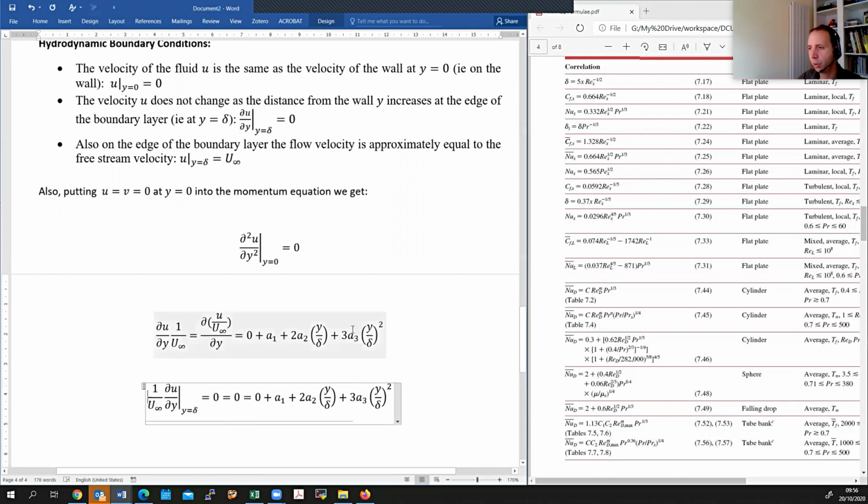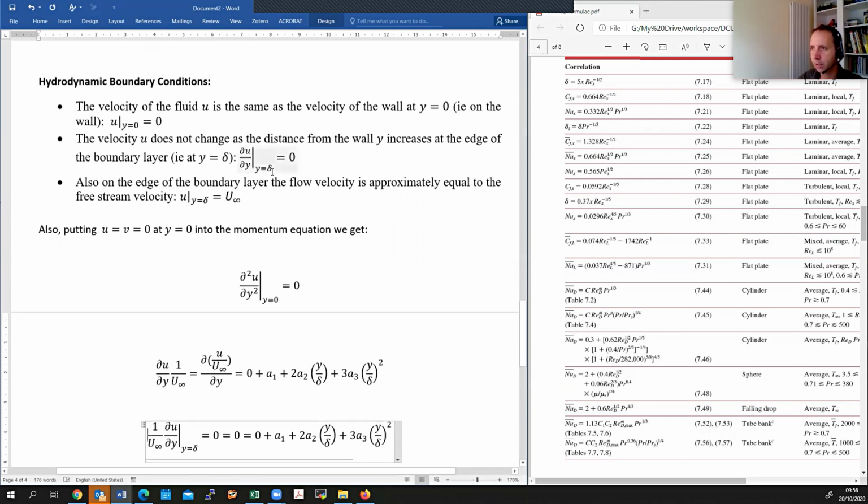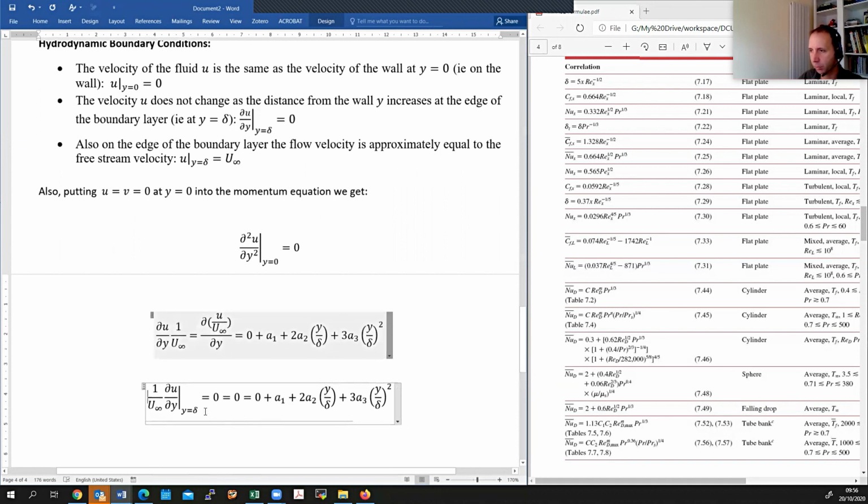All I'm doing here is evaluating this one at y equal delta. So yes, I was looking at 0 early on. So at y equal delta, apologies if there was a confusion, this becomes delta, and this becomes delta.